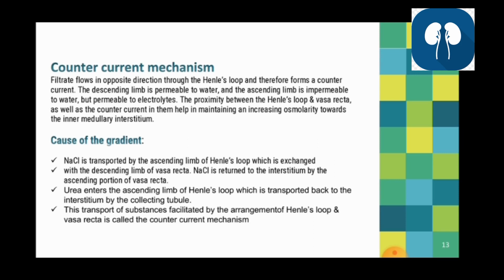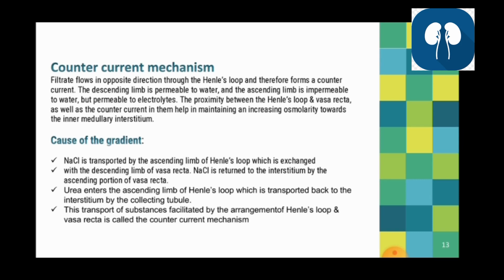NaCl is transported by the ascending limb of Henle's loop, which is exchanged with the descending limb of vasa recta. The ascending limb of Henle's loop and the descending limb of vasa recta, there is the exchange of NaCl. Now NaCl is returned to the interstitium by the ascending portion of vasa recta. Finally, it will come back.